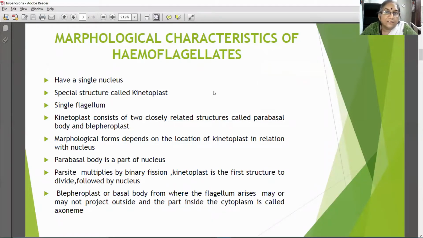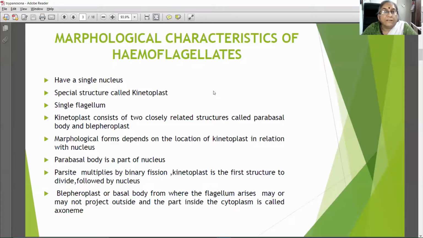All the hemoflagellates have almost the same type of characteristics. Therefore, if you know the morphology of a hemoflagellate, you will understand most of the things. These hemoflagellates have a single nucleus, and the nucleus is not always in the center. It differs in the different morphological forms. Kinetoplast is a special structure that these hemoflagellates have.